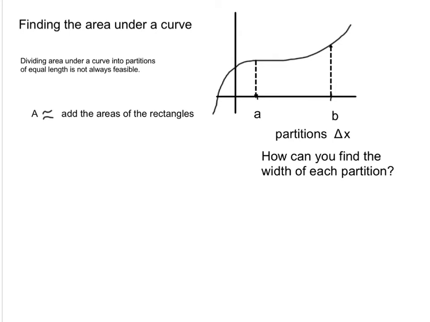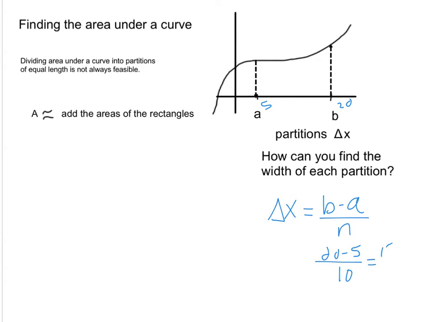We said in ours that we just picked half because that seemed a very convenient thing to do. Well, you can do that for any length, and one way to find the width of the partition would be delta x equal to b minus a over the number of partitions that you wanted. So say for instance this is 20 and this is 5, then you would have 20 minus 5 over, and let's say I wanted to do 10 partitions.